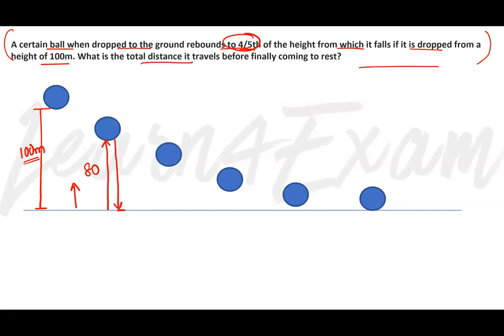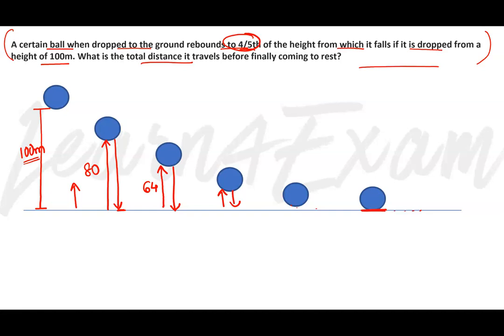The moment it hits the ground again, it will come up to 4/5 of that distance, so that is 64 meters, 4/5 of 80 meters. Again, as much as it rises, it goes down. Then I'll again have 4/5 of that, and so on, and it will continue till infinity, till the point that the ball gets to the ground and does not go up a substantial distance.